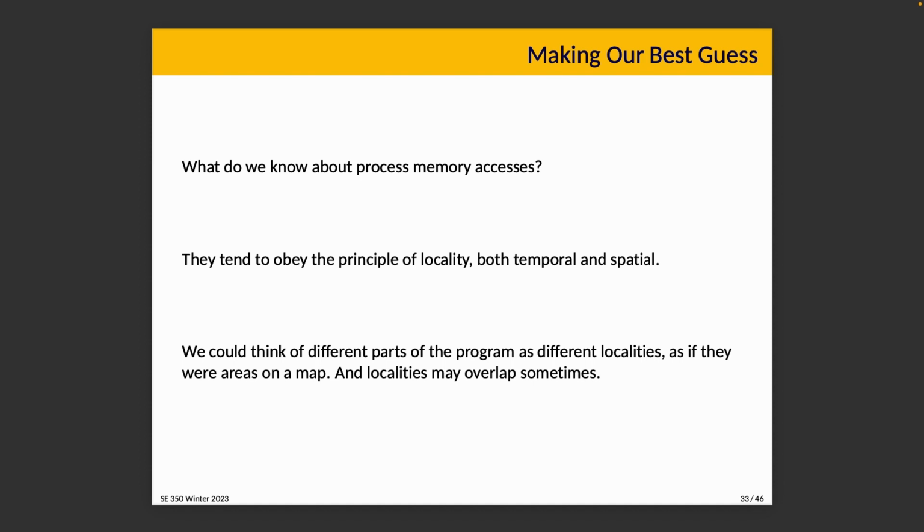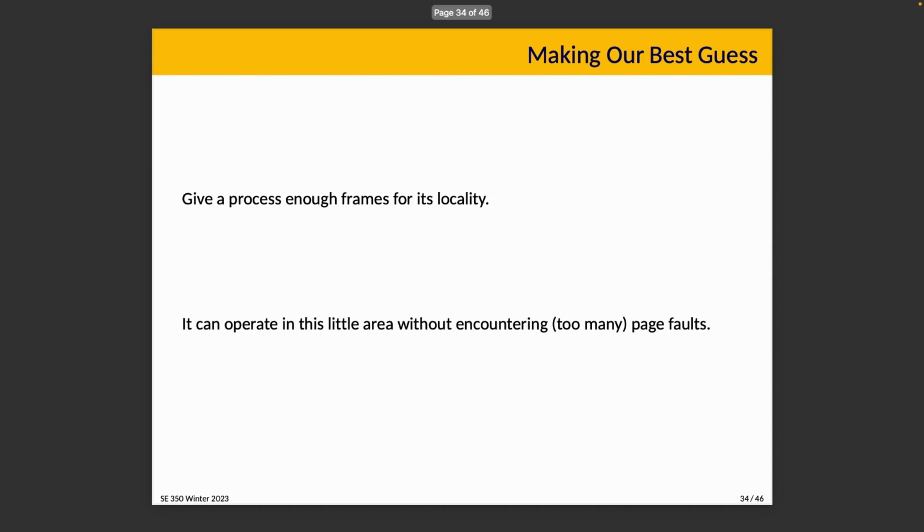But I didn't really prove that it's true, did I? We can think of different parts of the program as different localities, as if they were areas on a map. Localities can overlap sometimes. And if we're correct, then giving a process enough frames for its locality means that it can operate in its area without encountering too many page faults. Not to say there won't be any. Things will not always be perfect, but we have enough for the moment.